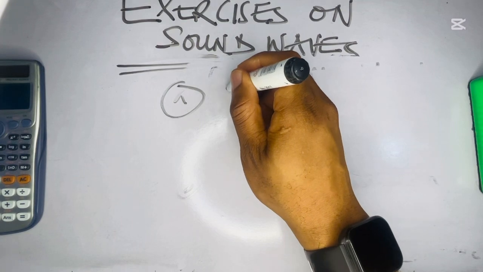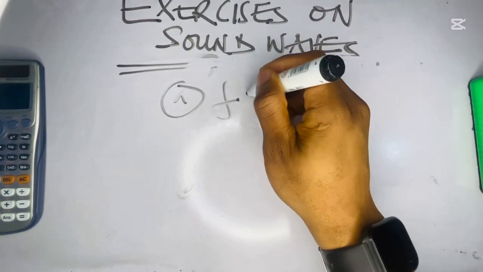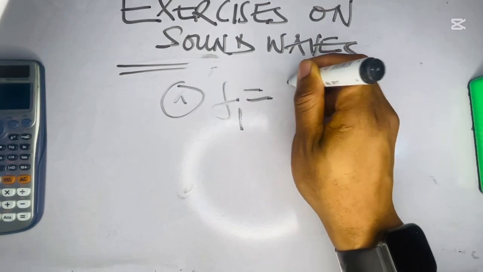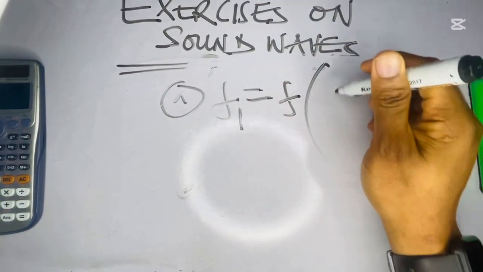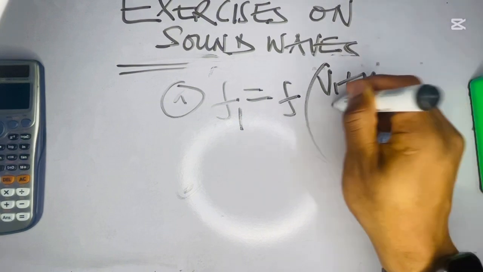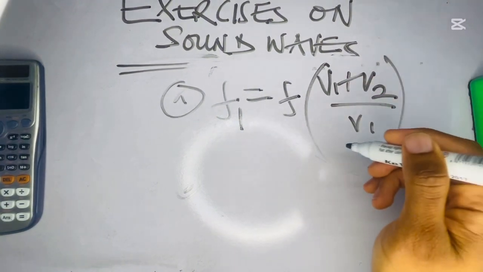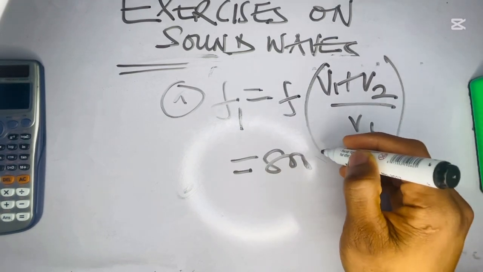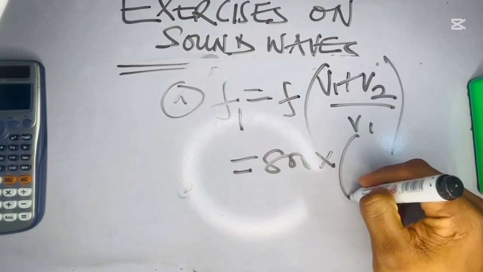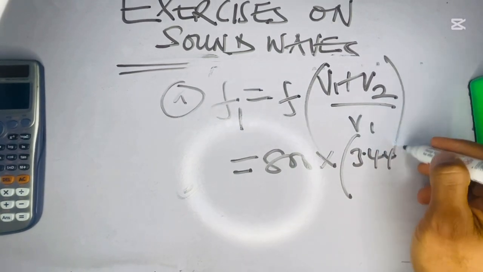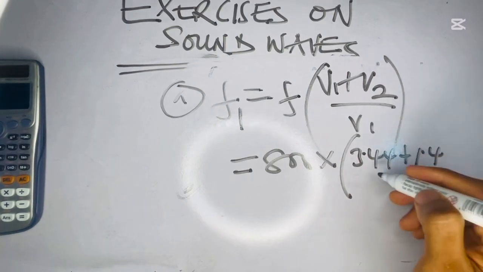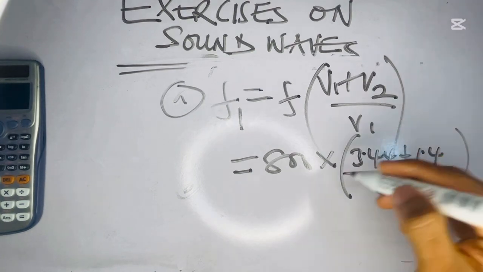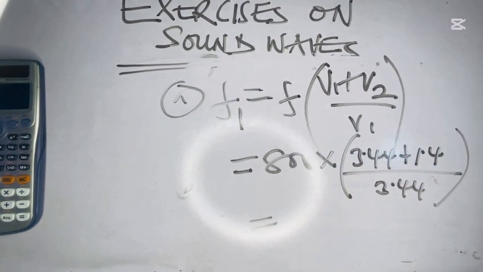F1 will be equal to the F that we have, bracket V1 plus V2, all over V1. The frequency in this question is 800. So 800 times bracket 3.44 plus 1.4, all divided by 3.44. Let us solve that with our calculator.